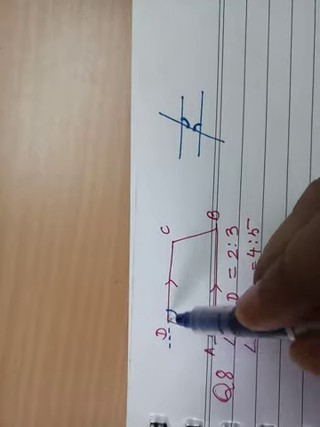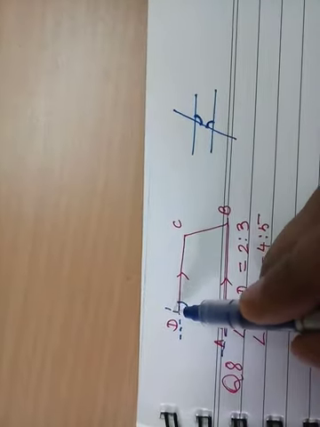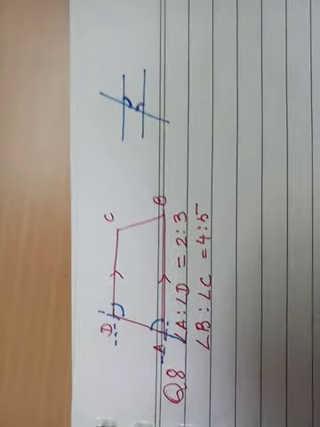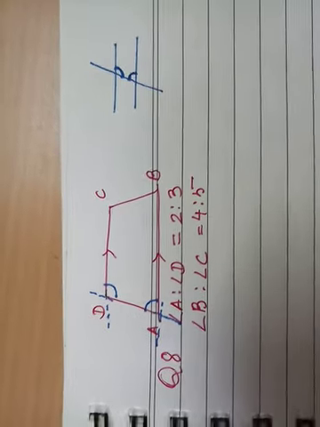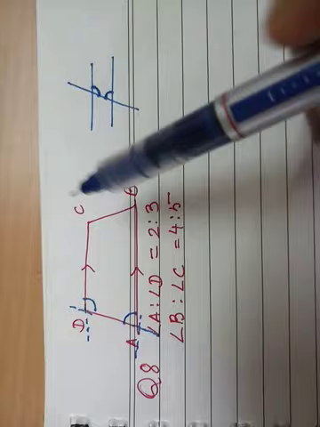If we extend these two parallel lines, angle A and angle D are forming co-interior angles. Therefore, the sum of angle A and angle D will be 180.